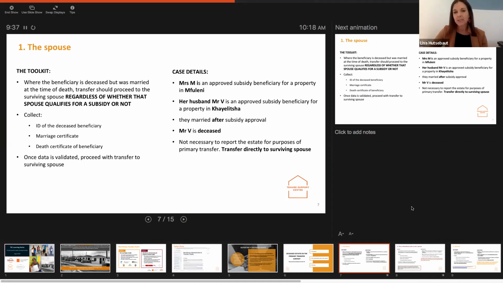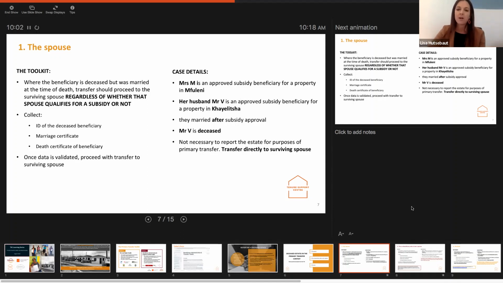Her husband was Mr. V, and he was an approved subsidy beneficiary for a different property in Khayelitsha. And they had married after their subsidies were approved. So they both qualified each in their own individual right on the basis of single with dependents, but they happened to get married before the primary transfer of the Khayelitsha property could happen.